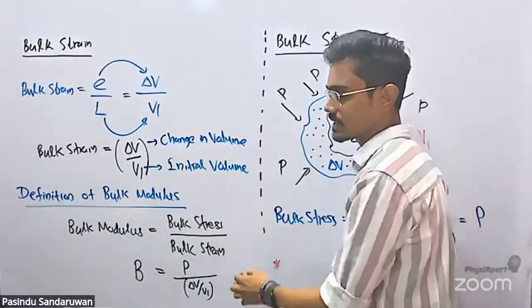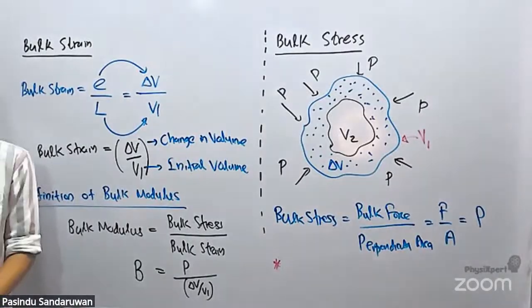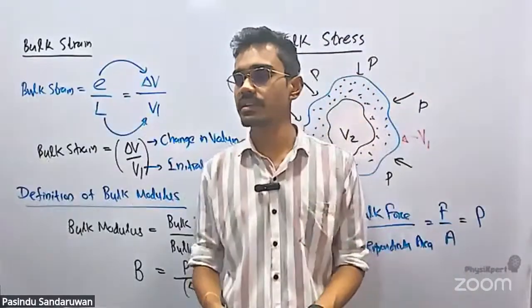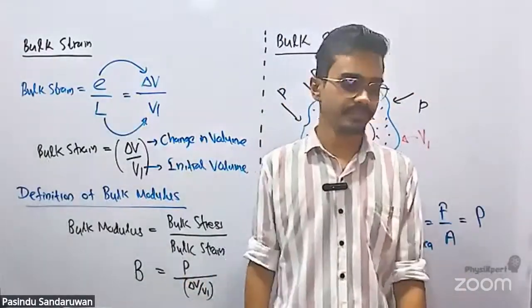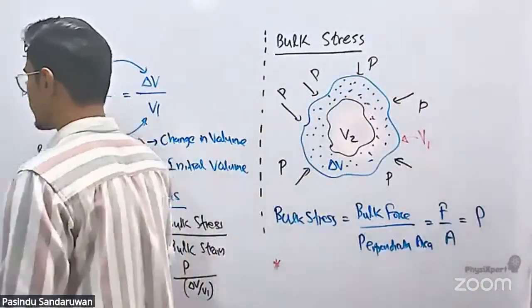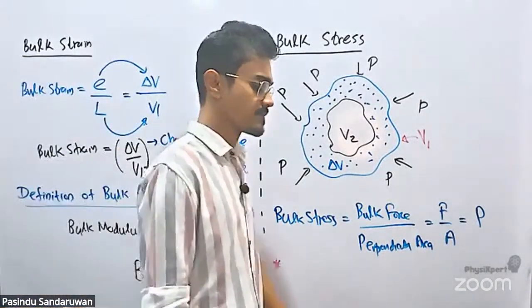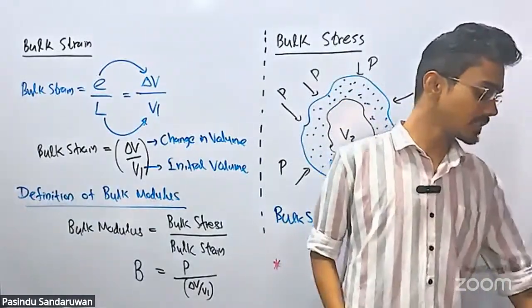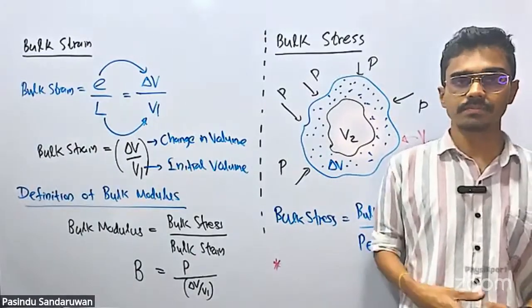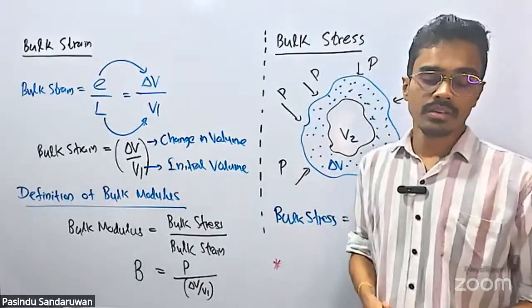The ratio between bulk stress and bulk strain is defined as bulk modulus.